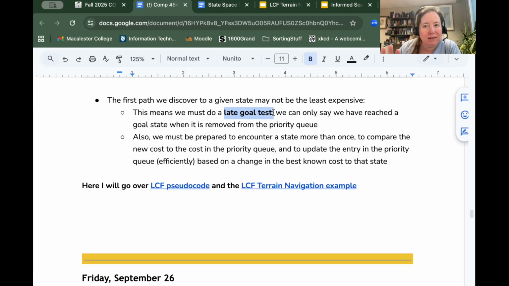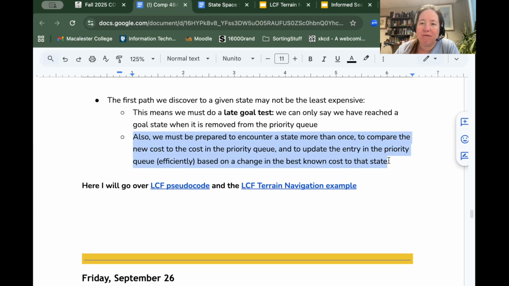We wait until something comes out of our queue, and then we check to see whether it's the goal or not. We also have to be prepared because of that, we might see a state multiple times. Generally speaking, you do not add the state to our data structure more than once. It's only one time in the fringe set, only one occurrence in the frontier set.